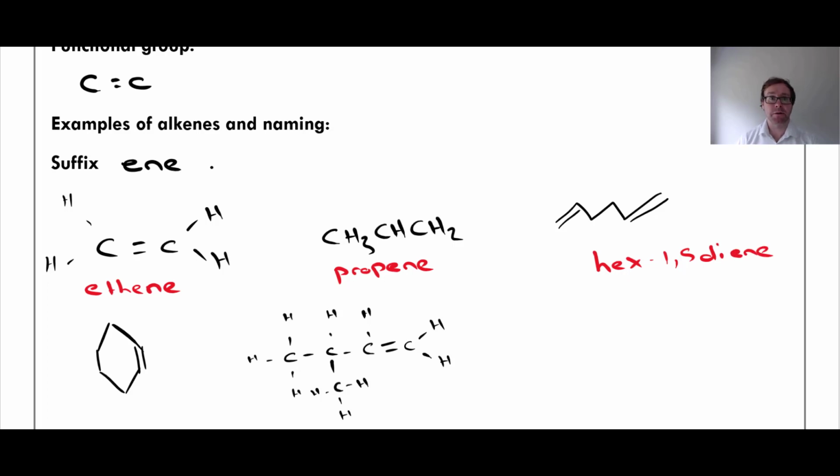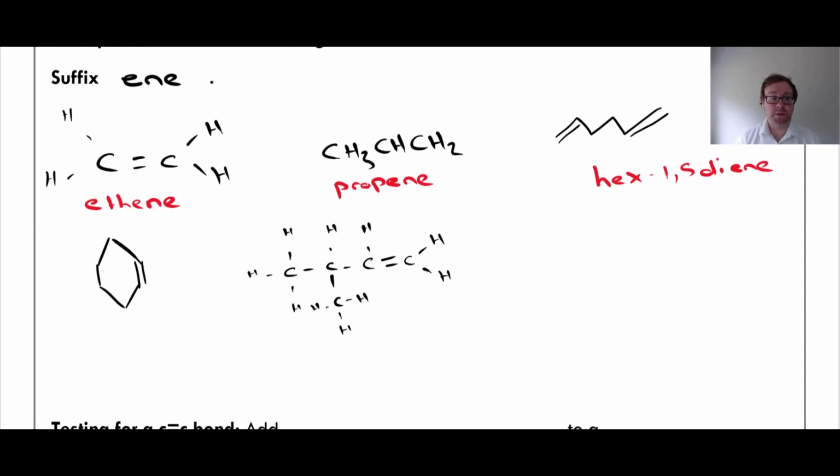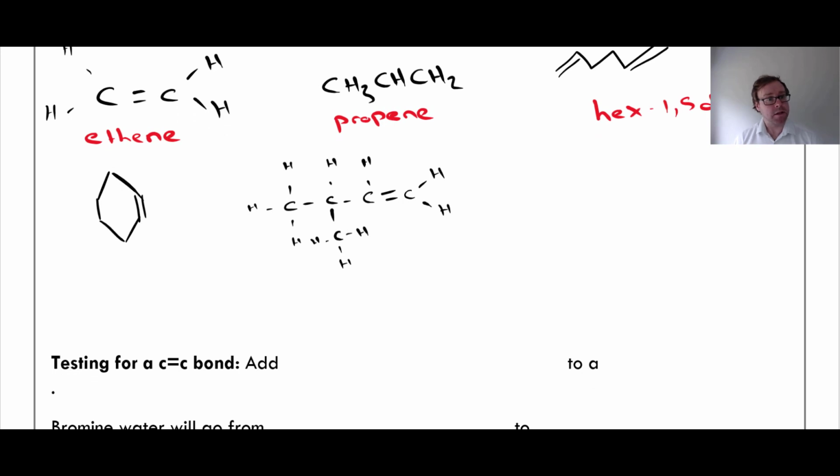If you're unsure about naming, go back and look at the basic organic chemistry video. I'm not going to spend too much time on naming here. Again, this is a skeletal formula. It's a cycloalkene, so 1, 2, 3, 4, 5, 6, so this must be cyclohexene. And this one is another displayed formula.